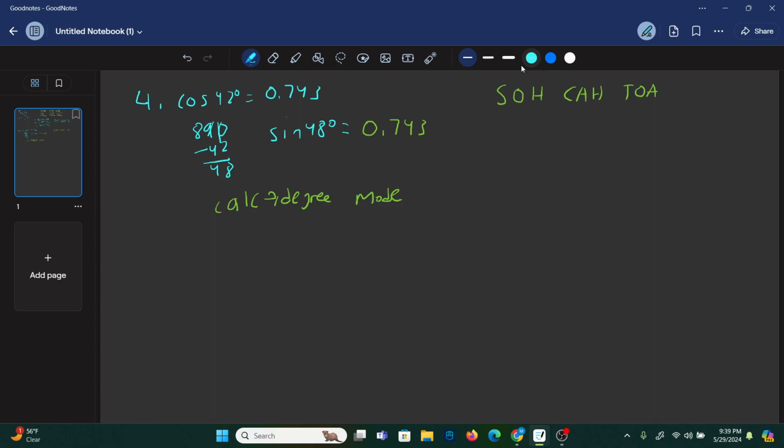So now we have problem number 5. And we have triangle LJK. And it's another right triangle. So that means we can use SOHCAHTOA.